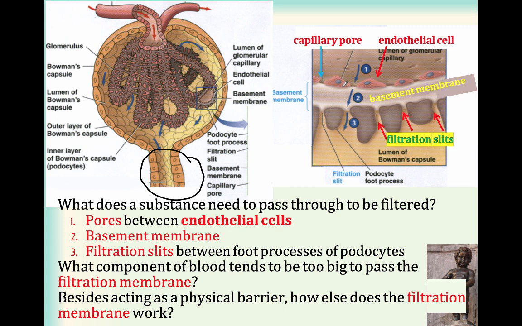Remember that proteins tend to be negatively charged, and so the basement membrane also has a negative charge, and you know, like charges repel one another, and so this too helps to keep protein from getting across and becoming part of the filtrate. So there you go.